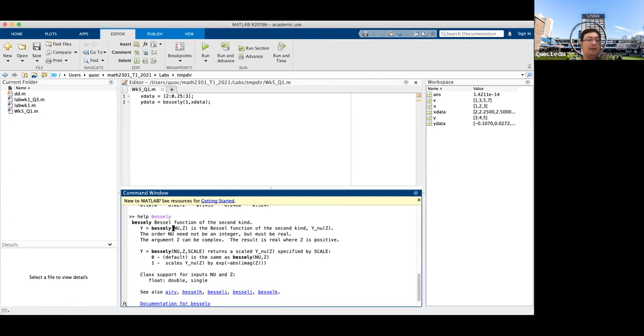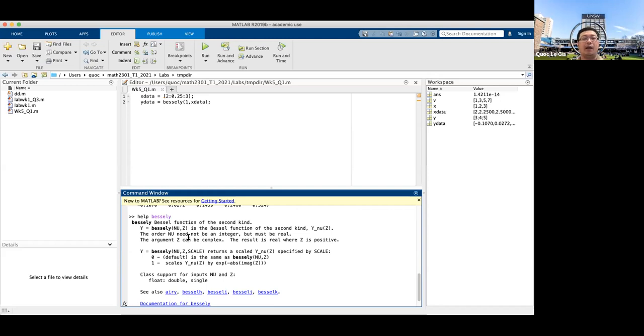Bessel is the name of a German mathematician, and he discovered this function a few hundred years ago. And what is the 1? The 1 is the order.